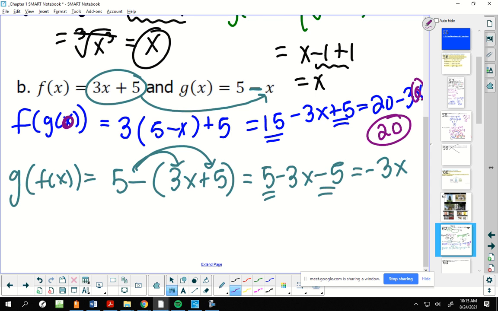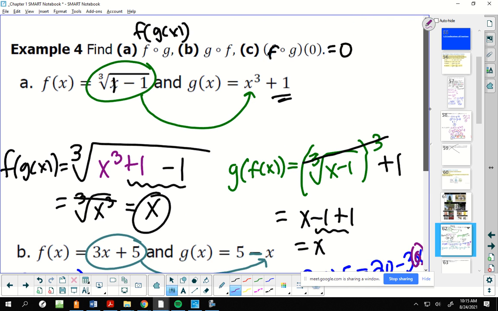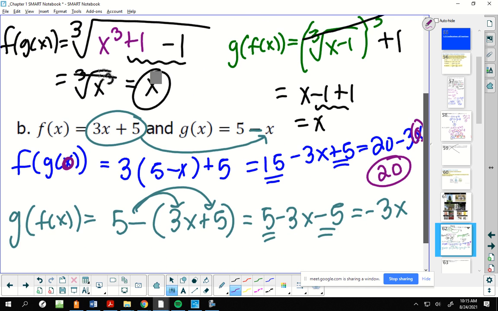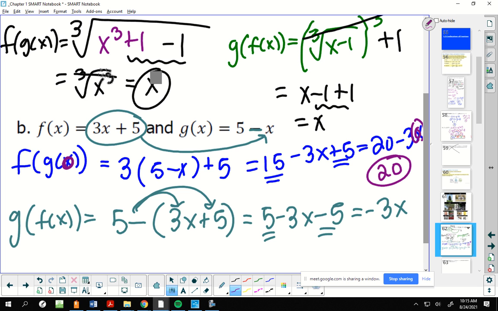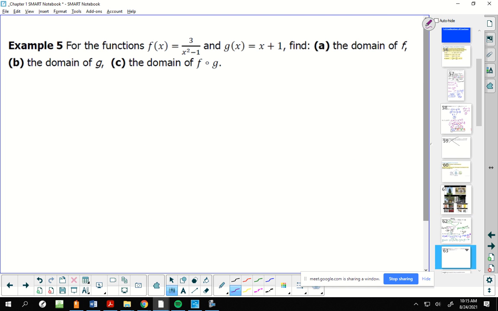If we didn't already find that, then you would plug 0 into g first, and you get 5, and then you take 5 and plug it into f of x. And you get 15 plus 5 is 20. So, you work from the inside out. Is this review? Have you seen this before? Okay, most of it.